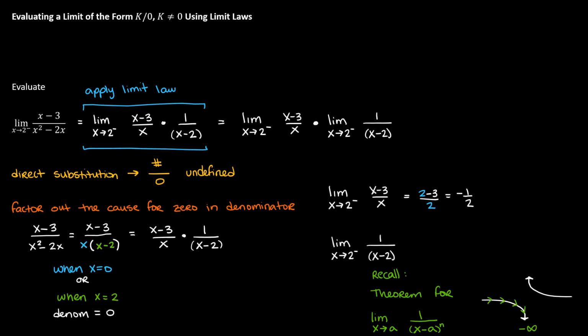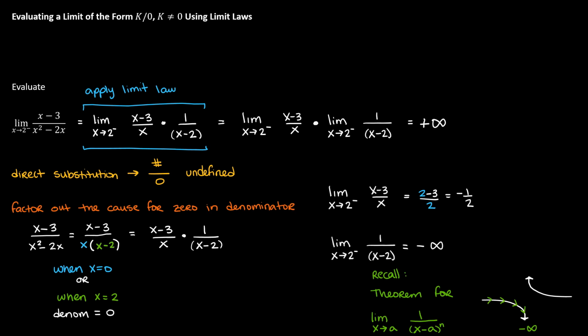So the product of negative 1/2 and negative infinity, we're not actually multiplying those two numbers, technically, but we're thinking about what happens when those two limits collide and they turn us around to positive infinity. So the limit that we were trying to evaluate, x minus 3 divided by x squared minus 2x, when x is approaching 2 from the left, is going to positive infinity.